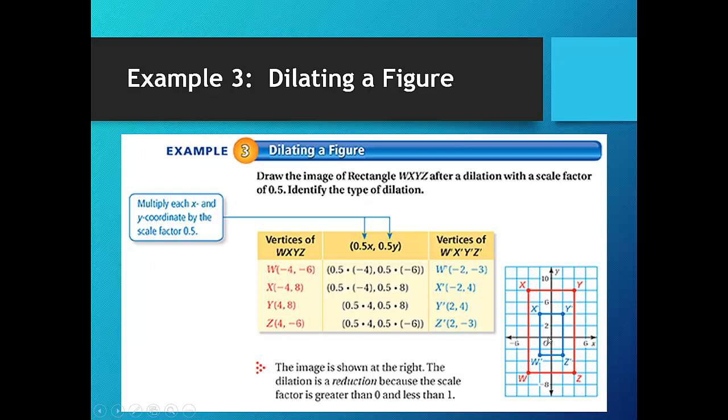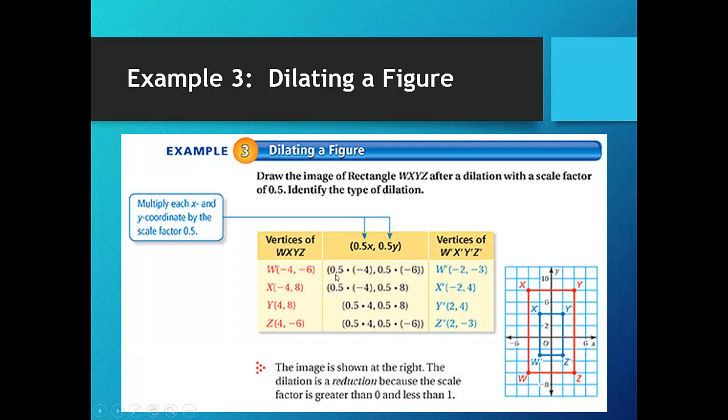X is at (-4, 8). Y is at (4, 8). And Z is at (4, -6). Our scale factor is 5/10, so we're going to be multiplying the x and the y both by 5/10.